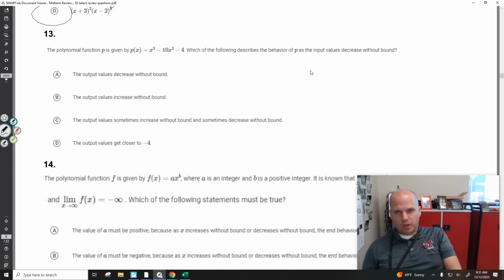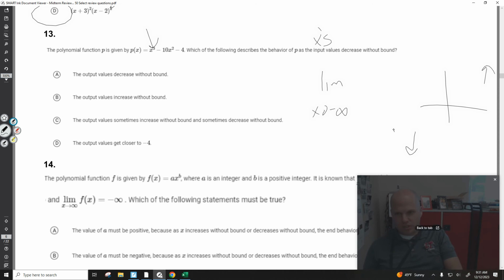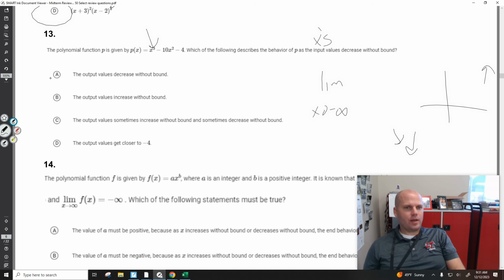As our input values decrease without bound, as I go to the left, this is a cubic. Its end behavior is down and up, just like x cubed's end behavior. It is a positive leading coefficient. So my outputs are decreasing without bound.